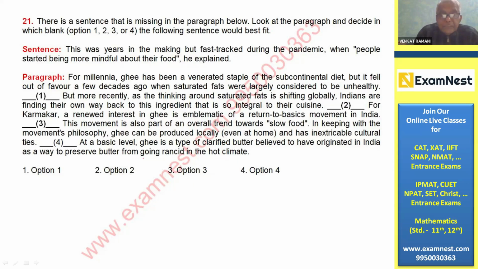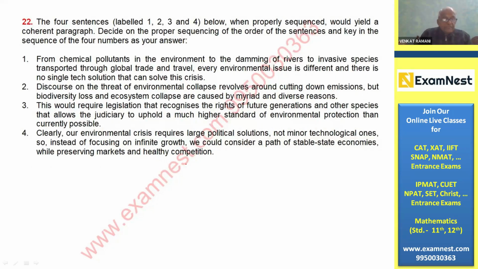He explained refers to Karmakar. So the sentence should come into slot 3 because they have to be close. Otherwise, you can't put it somewhere else and say he explained refers to Karmakar. You can't do that. So option 3 is the correct slot where you can put this sentence in. Let's look at the next exercise.